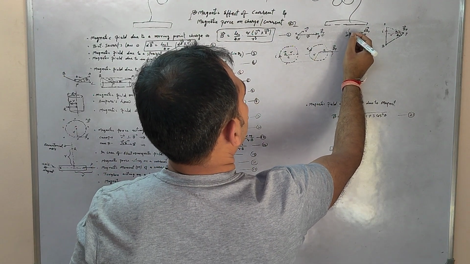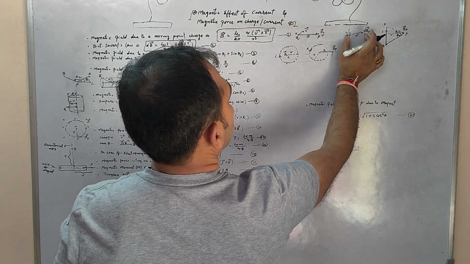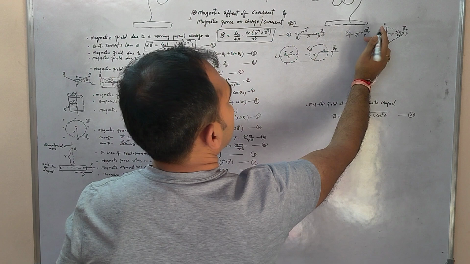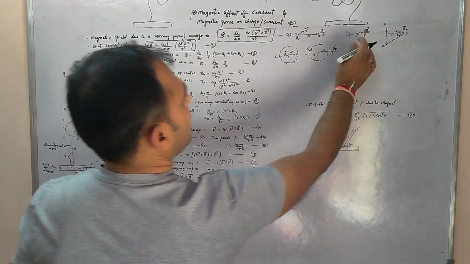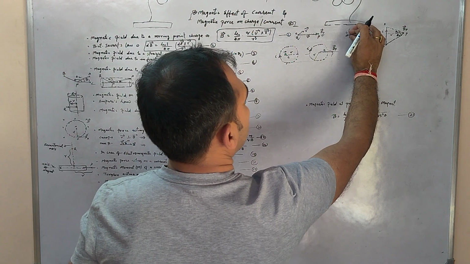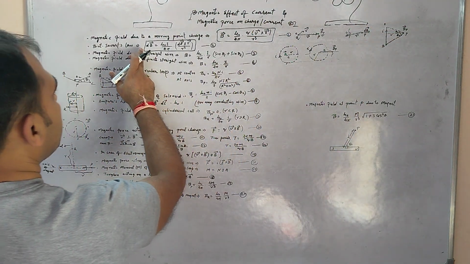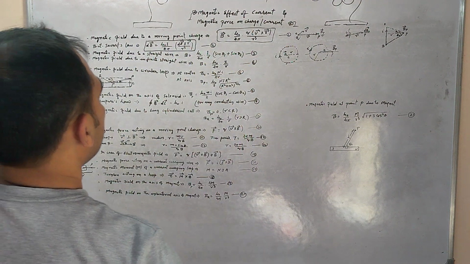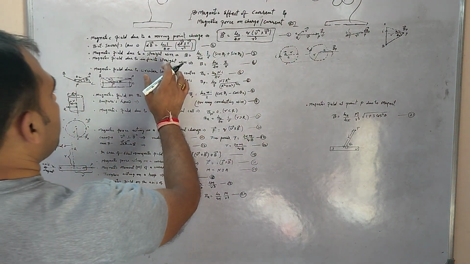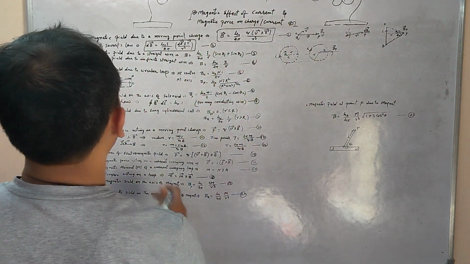This is dl, this is current I, this is point P at distance r. So we have to find the value of magnetic field due to this small dl, that will be dB, and this is the formula for this.